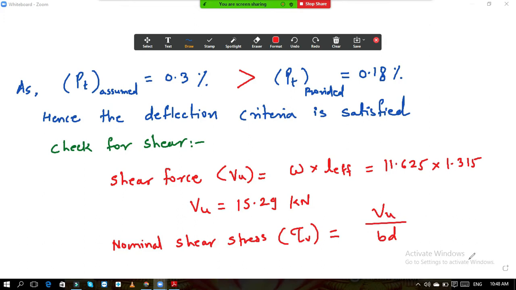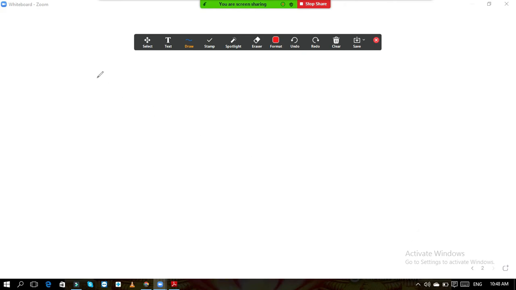Now if you put the values, you will get the shear stress which actually gets developed in the cantilever slab. This tau v, whatever we are calculating, is called the nominal shear stress, and it gets developed in this cantilever slab due to the applied live load and dead load.